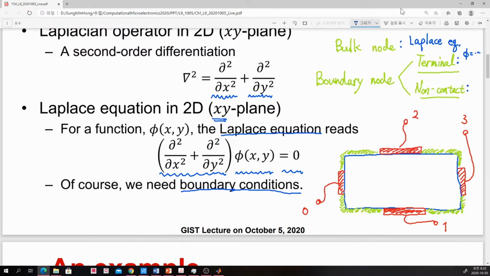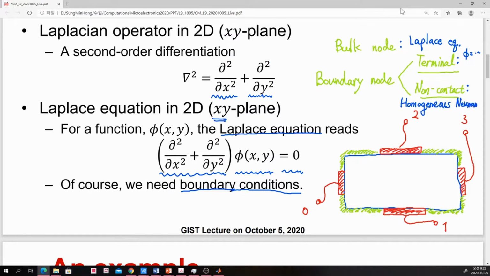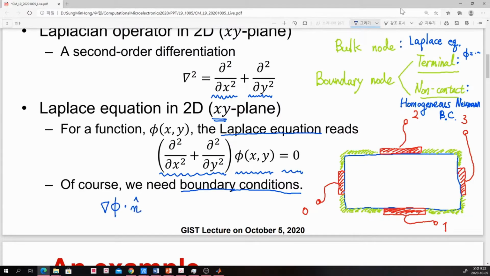In this case, usually we impose the homogeneous Neumann boundary condition. So what is the homogeneous Neumann boundary condition? The Neumann condition just says that the normal component of the gradient of our solution function is specified as something. This is the Neumann boundary condition.